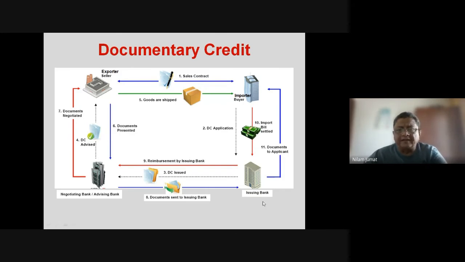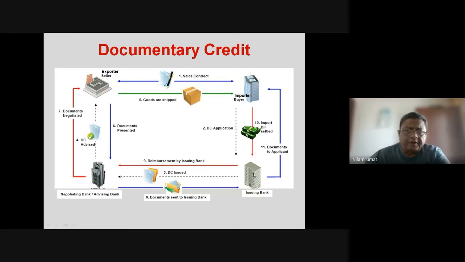But instead of opening LCs at 15,000 every time, he goes to the bank and opens an LC for 90,000. 15 into 6, 6 shipments. That is 90,000.